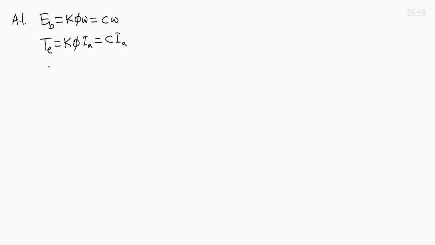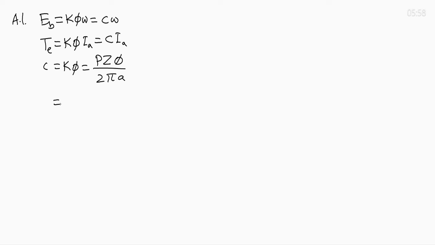C equals K phi, so that is P Z phi by 2 pi A. P is the number of poles, Z is the number of conductors in the winding, phi is the flux per pole, and A is the number of parallel paths in the winding.